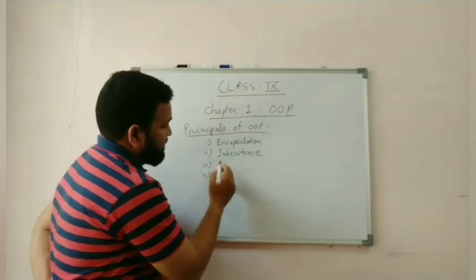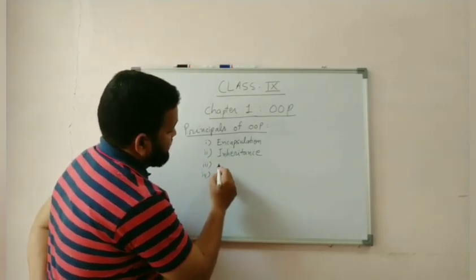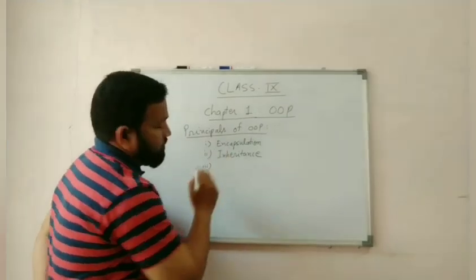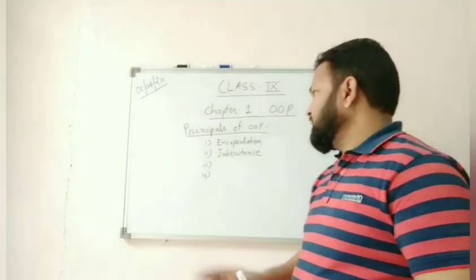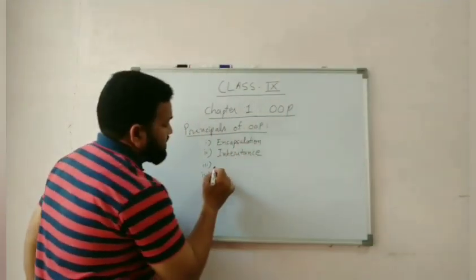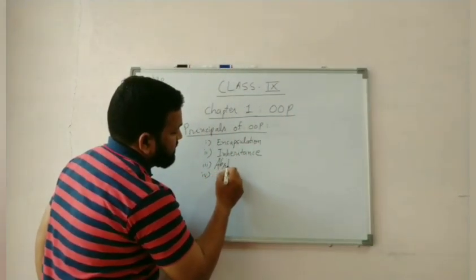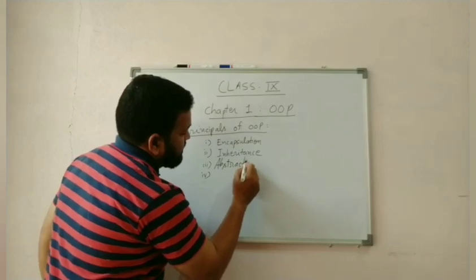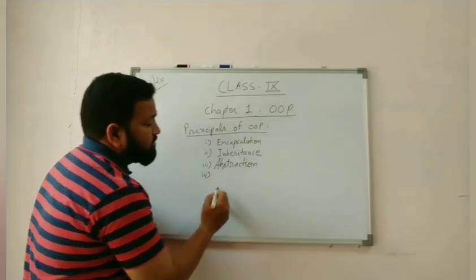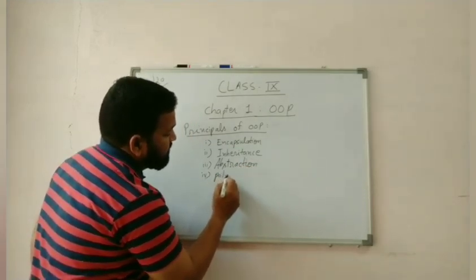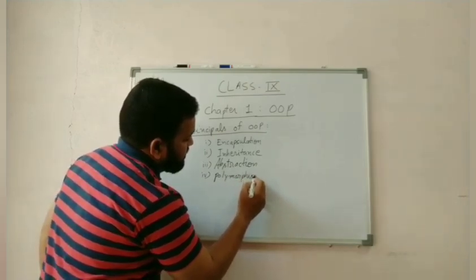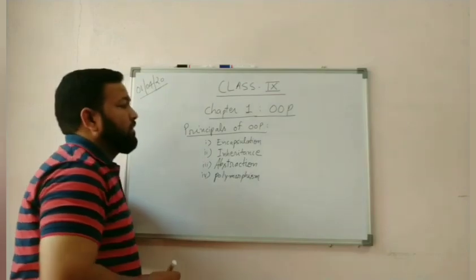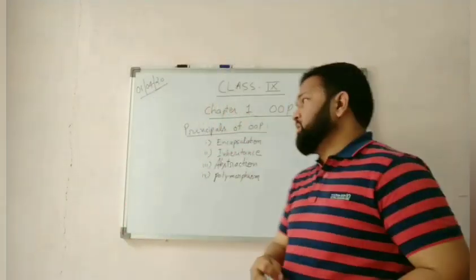Third, abstraction. And the last one is polymorphism. The first thing is encapsulation.